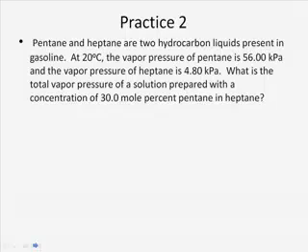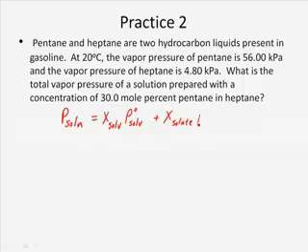The adjustment says that the vapor pressure of this solution is going to be the mole fraction of the solvent times the vapor pressure of your pure solvent plus the mole fraction of my solute times the vapor pressure of my solute.